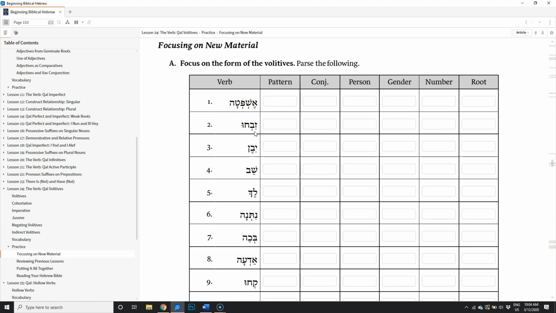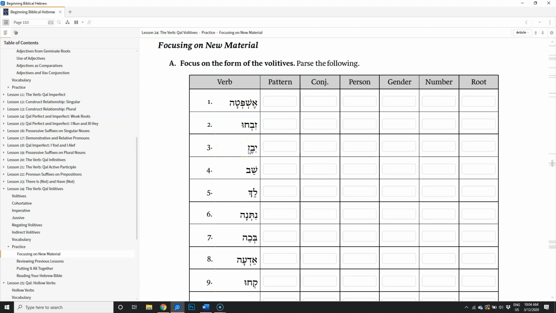Now, when we're looking at the jussive, which is what this next one will be, you are going to see a prefix, but certain forms are shortened. So, for example, here, yivin, this is actually from bana. Normally, in the imperfect, we don't lose the third hey unless we're adding some sort of vocalic suffix.